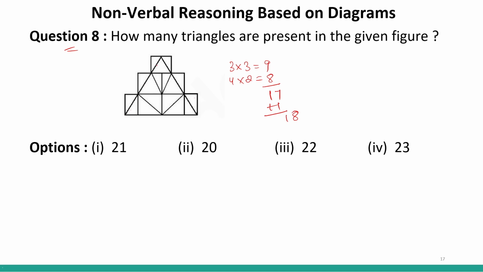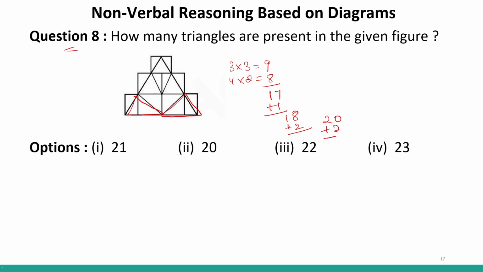Now, similarly, I can have this as a triangle and this as a triangle. Correct? So this will give me 2 more, that is 20. Now, if I look at this image, so I can see clearly that this and this also forms a triangle. Correct?